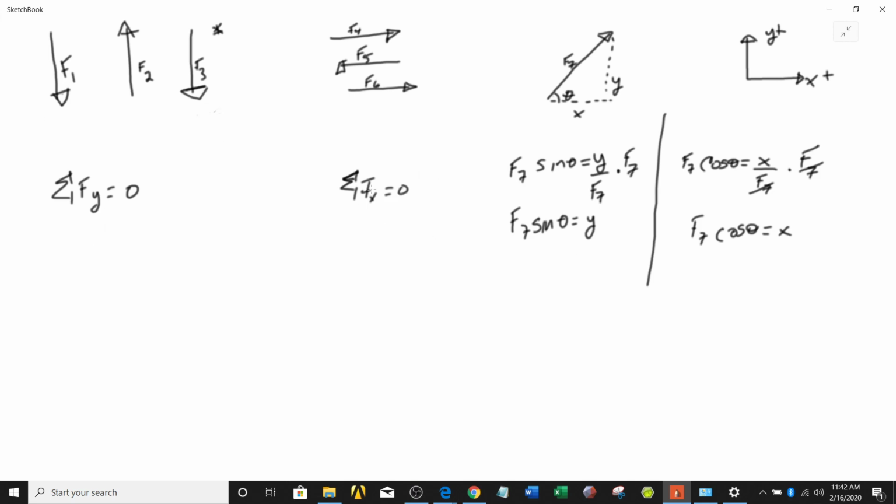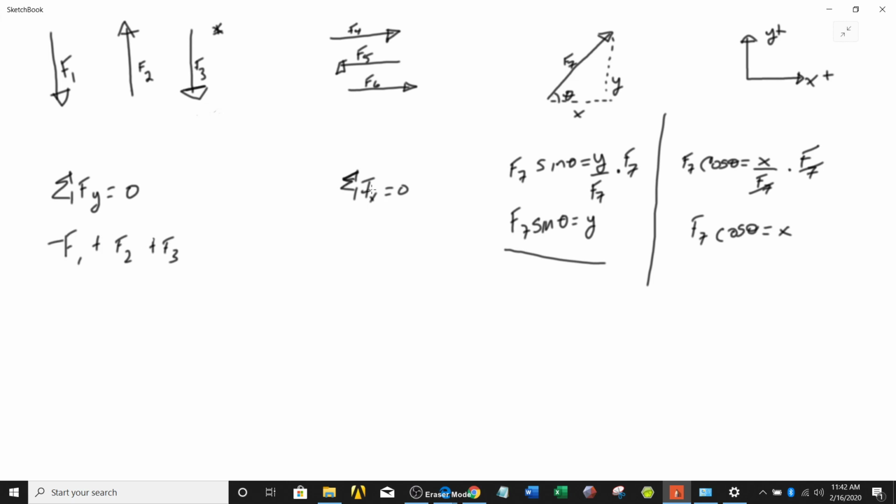For the sum of the forces in the y direction, I have this one, F3. But don't forget that you also have this one. So the way that this will look, it will be F1 plus F2 plus F3. Oh, my bad. Since F1 is going down, that actually has to be negative.